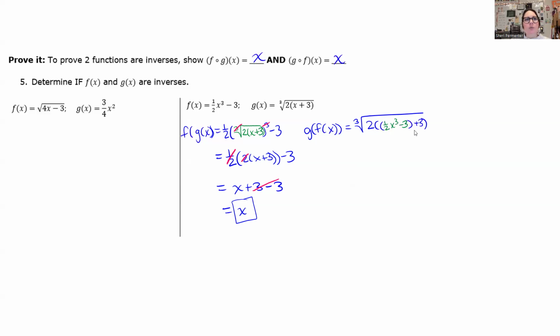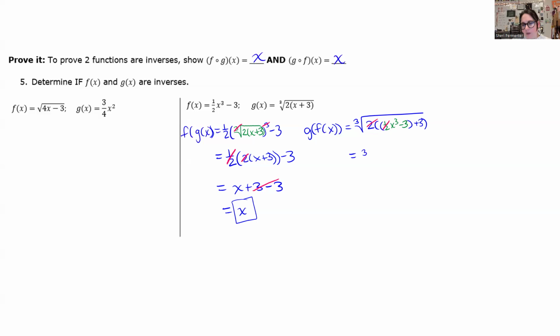Usually the operations will undo, being opposite of each other. So first, what I notice is that if I distribute in 2 to 1/2, then I get 1. So these two things undo each other.